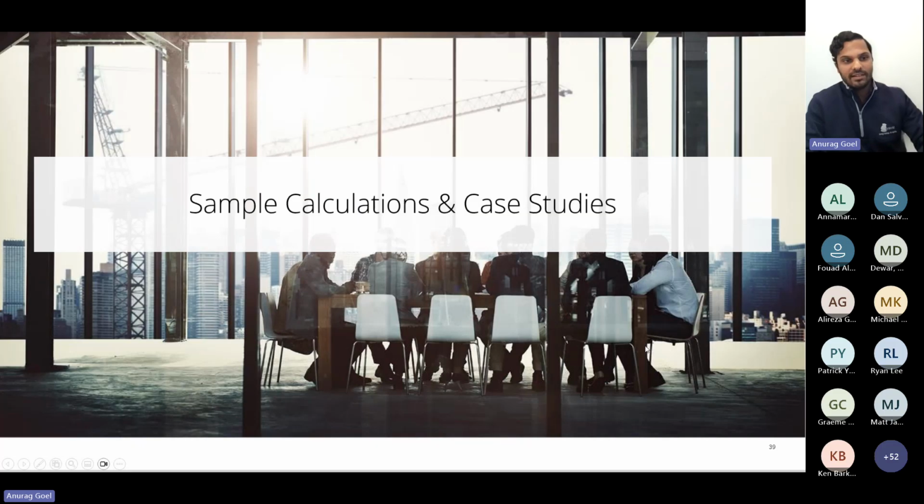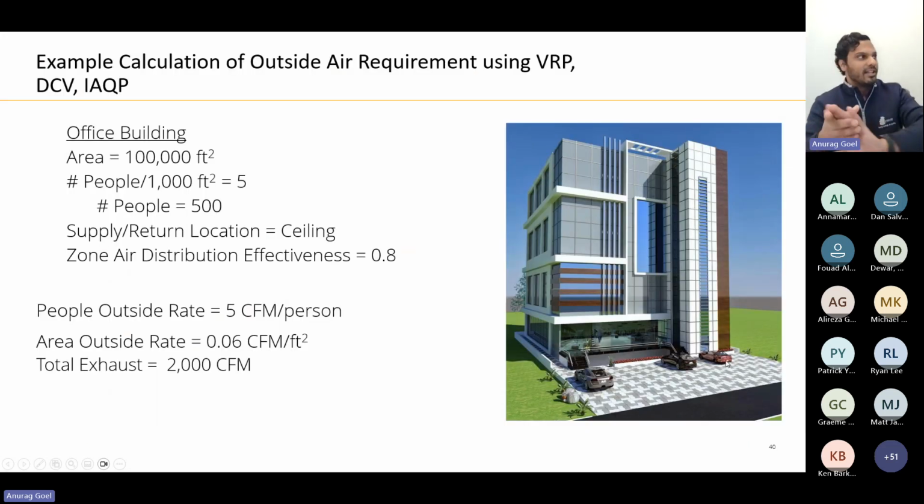All right, so over the next few slides, I'll go through a sample calculation using a sample building, and we'll go through a VRP calculation, and then we'll go through an IAQP calculation. To keep it simple, let's look at this giant 100,000 square foot office building as a single zone.